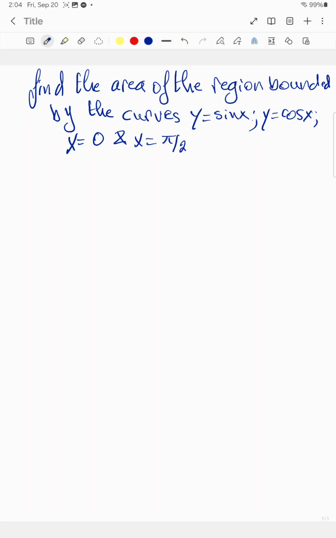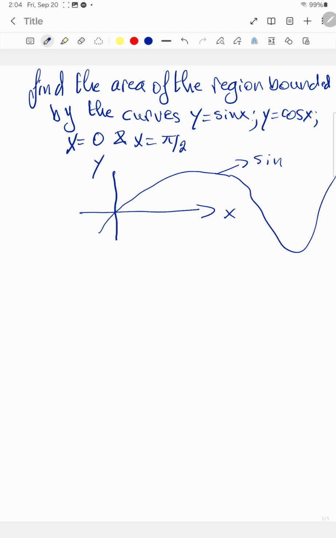To start finding the area, I have to draw the curves. So this is my x-axis and this is my y-axis, and we know the curve for sine x has to pass through 0, 0.